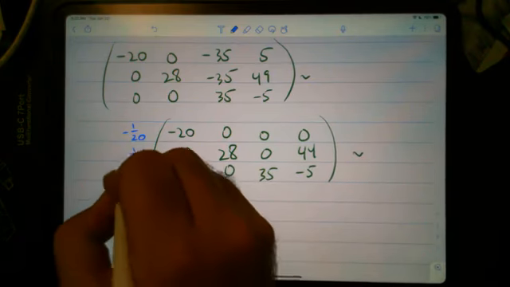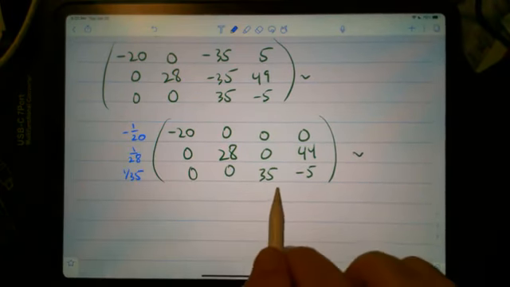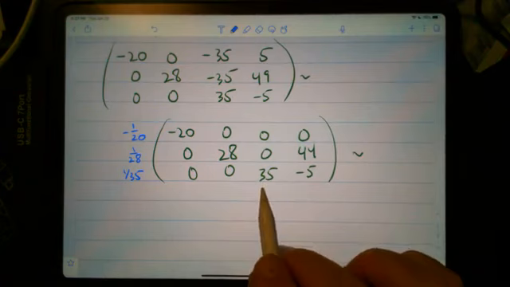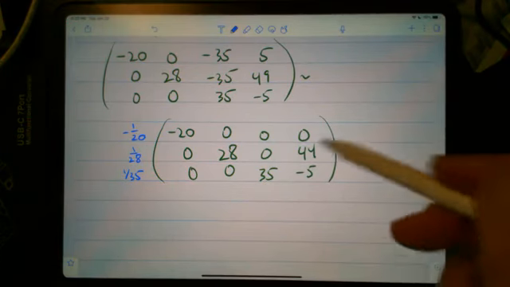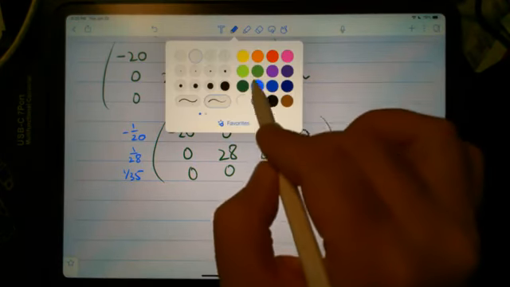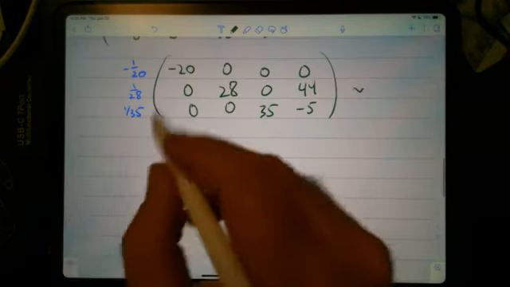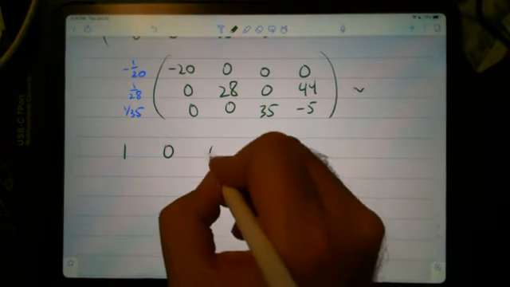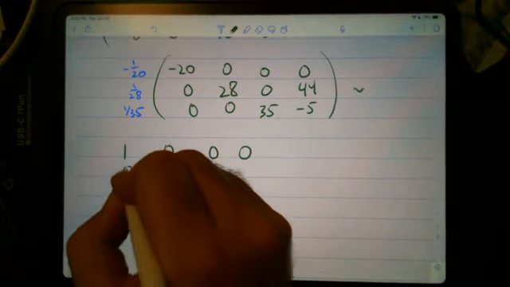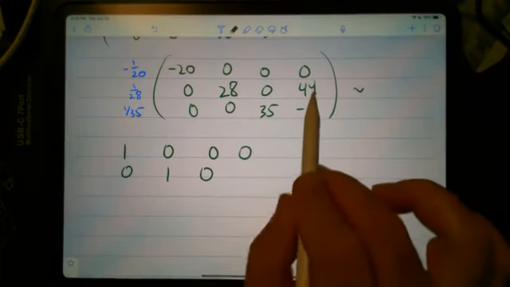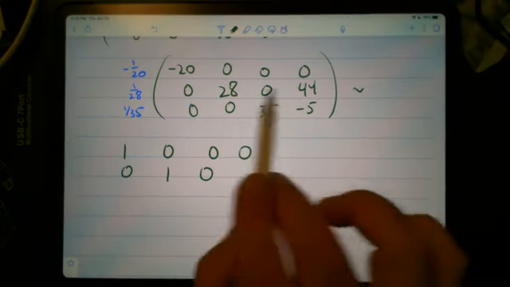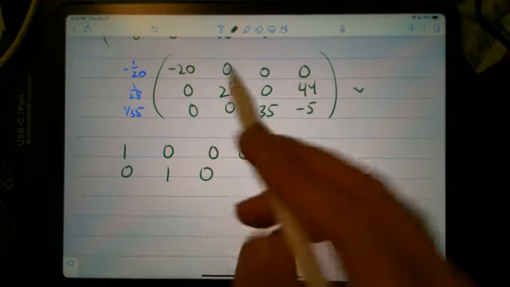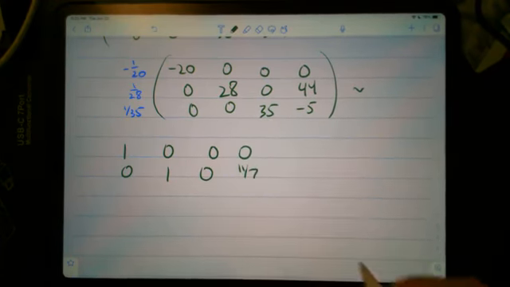Multiply this row by a 1 over 35, it's going to turn this into a 1. And then now we're going to get the fractions, but we are at the end of the problem here. So this gives me 44 over 28, which is 11 over 7.